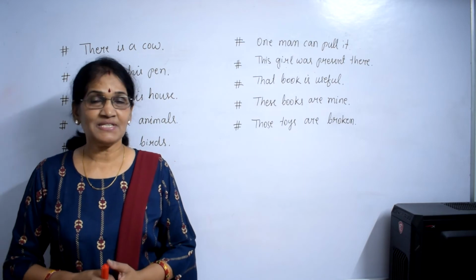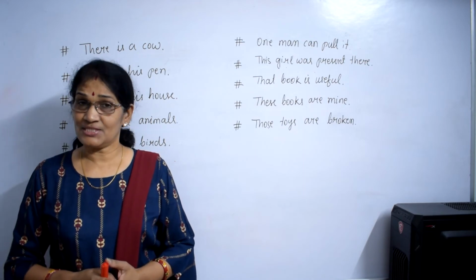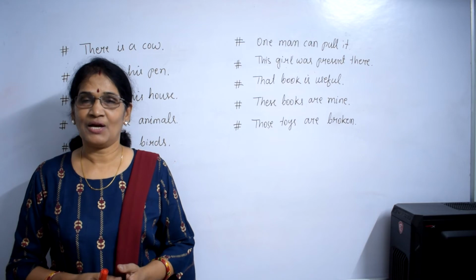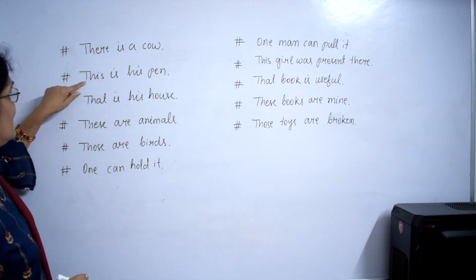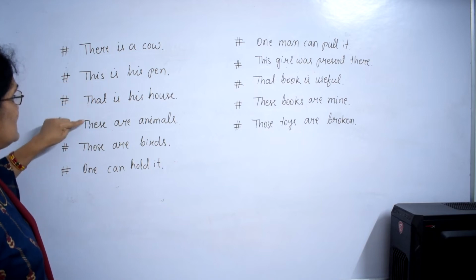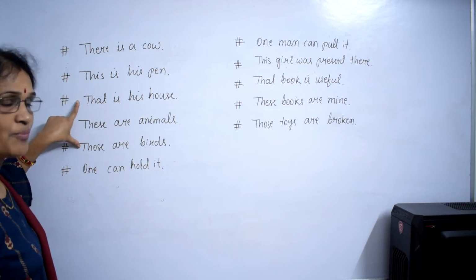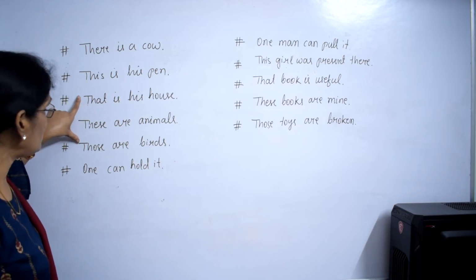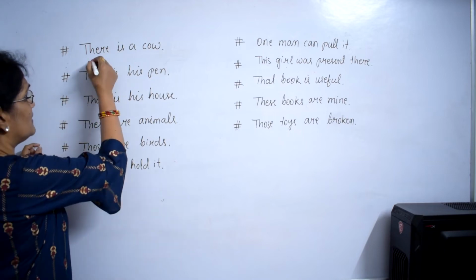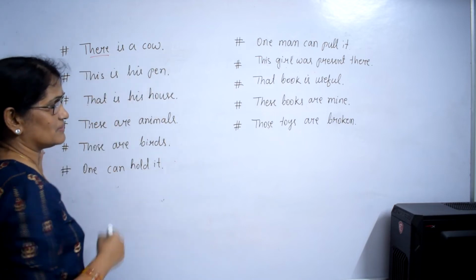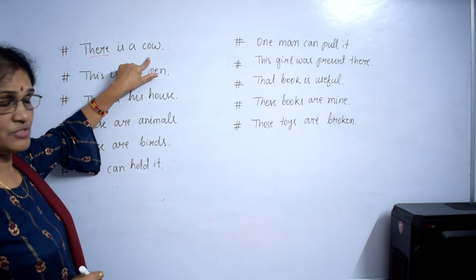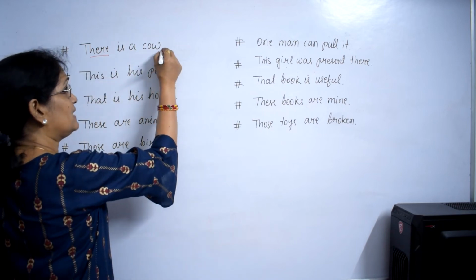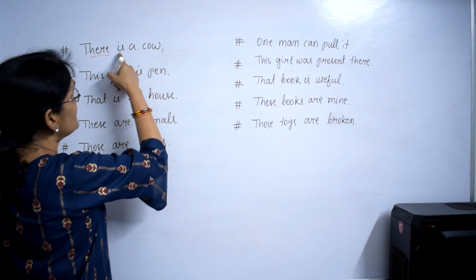If the subject of the statement is this, that, these, those, one or there, how do we add a question tag? Okay, let's see. Here, this, that, these, those are demonstrative pronouns. As a demonstrative pronoun, here used there. There is a cow. This is a positive statement. We should add what? A negative question tag. Is, isn't.